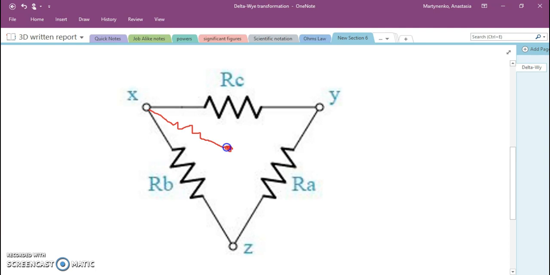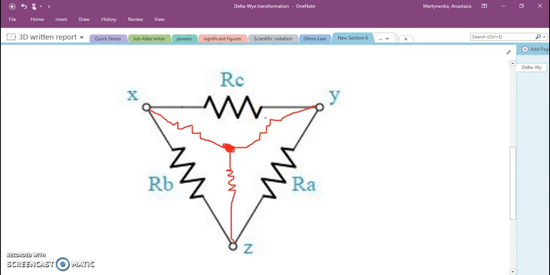I'm going to have a node in the middle, like this. I'm going to have a resistor go into the Y terminal, and then I'm going to have the third resistor going into Z. Okay, you guys see this?